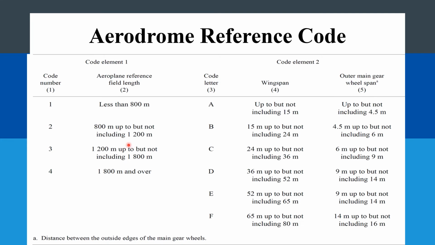You can have another combination such as code 2A or code 2B, if your reference field length is between 800 and 1200 meters, and you are receiving aircraft with a wingspan between 24 meters and 50 meters or even less than 24 meters.